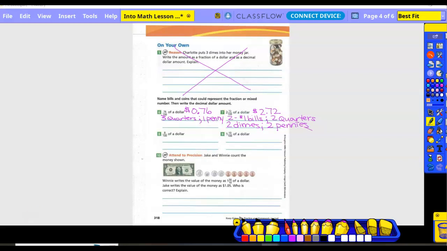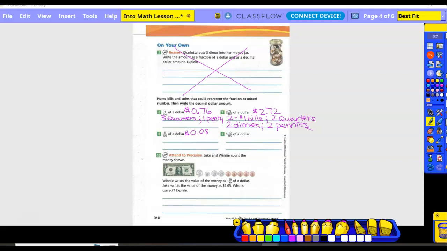So 8/100 of $1. Do I have a whole number? No, so I put a 0. Do I have a tenths place value? No, so I put a 0, and then I can put my 8. So I for sure have to go 2 places after the decimal, so I go all the way to hundredths, right, guys?